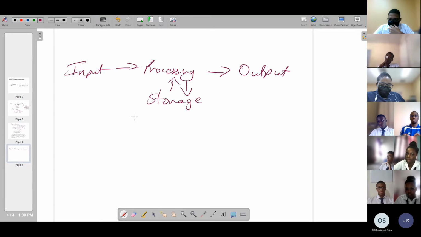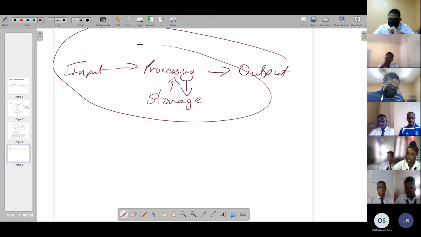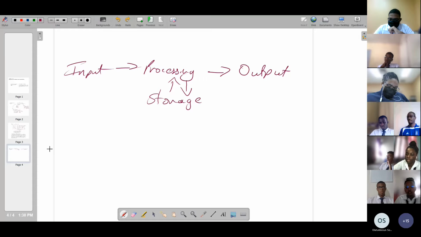Every program that we will write follows this basic rule here. Okay, so bear that in mind. Every program I have to write, I have to ask myself, what are my inputs? What are my outputs? What do I hope to get out of this program? What do I need to put into this program to get that out? And the processing is essentially the steps that allow me to get from my input stage to my output.